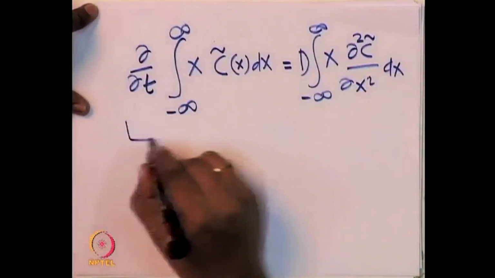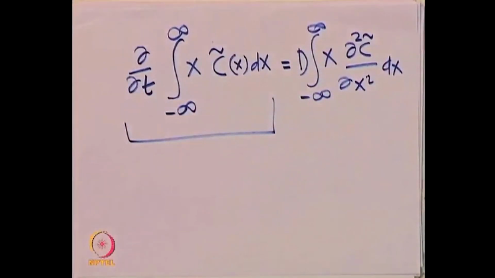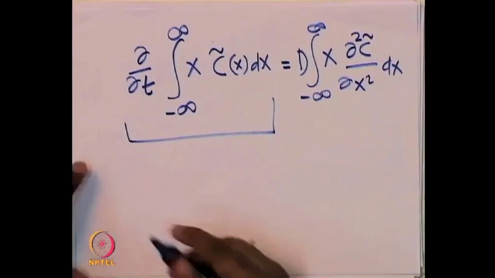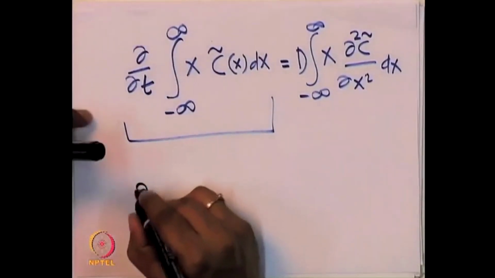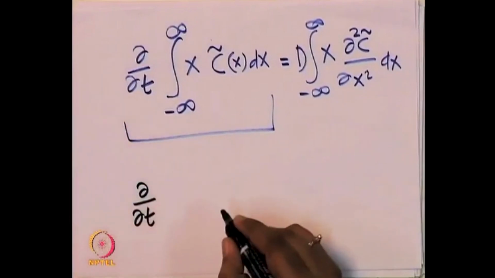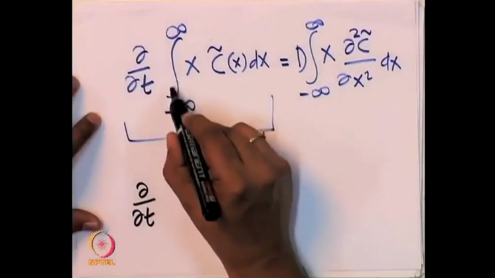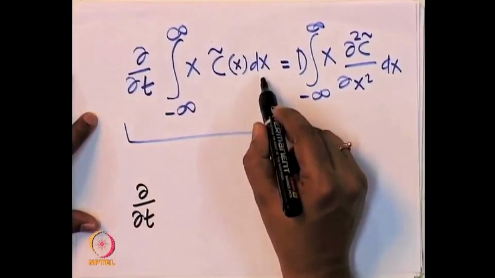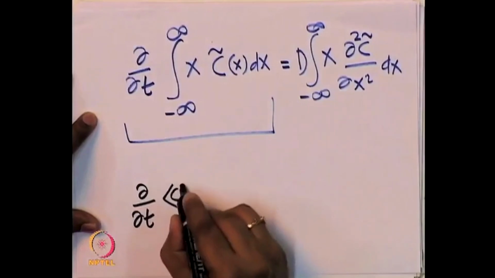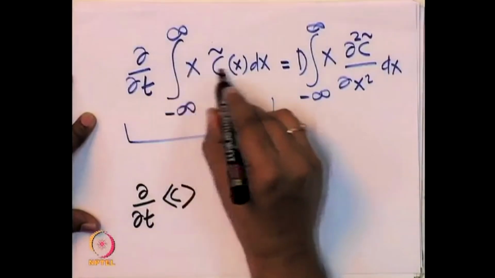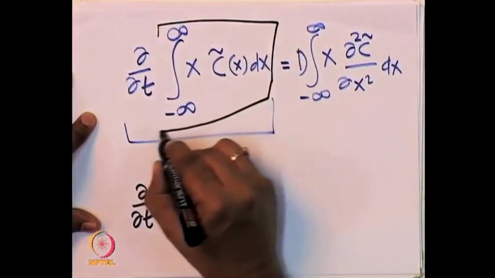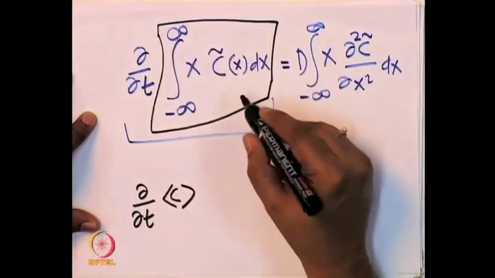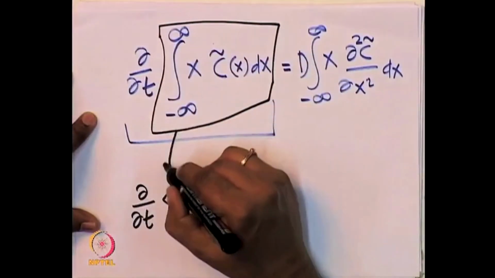Now this part, as we said last time, is nothing but del by del t of integral x c tilde x dx, which is nothing but x average.